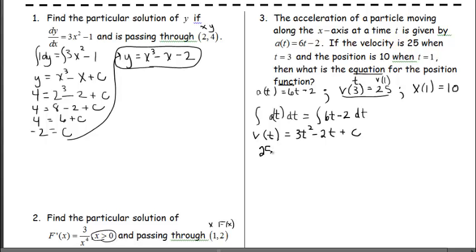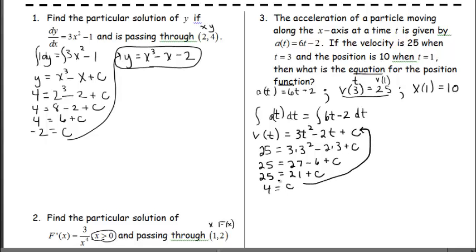So plug 25 in here and 3 in here. So 3 times 3 squared minus 2 times 3 plus c. So 27 minus 6 plus c. That's 21 plus c. Subtract 21, so c is 4. I have to find c before I can integrate to get back to the position equation.